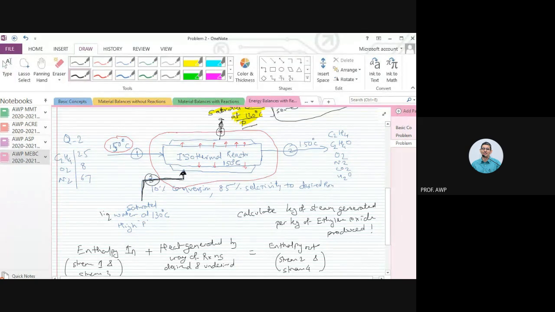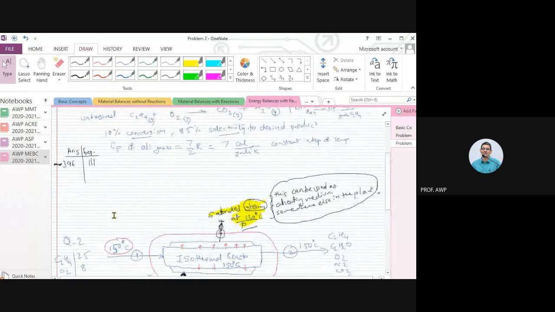Any other answer for question 1? 3 people have got the answer. 396, 398. Yes, they're all the same. 397, let's say. Sir, 386. Okay, 386.